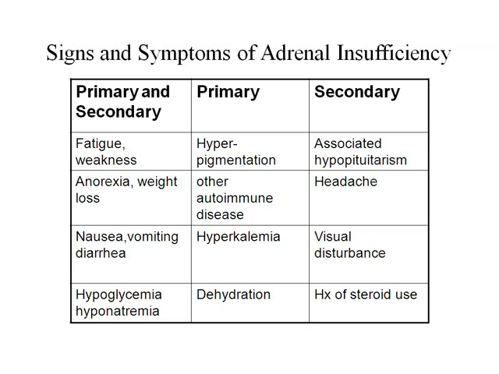Ask a woman about her menstrual periods, for example. And fatigue and weakness certainly can occur in both of them. When you have primary, it often goes along with other autoimmune diseases, the vitiligo, the type 1 diabetes, the thyroid disease, celiac disease. On the other hand, people who have pituitary problems, think about headaches.